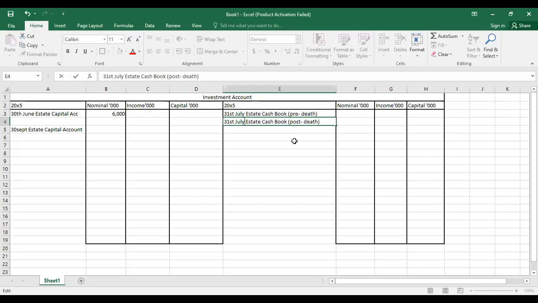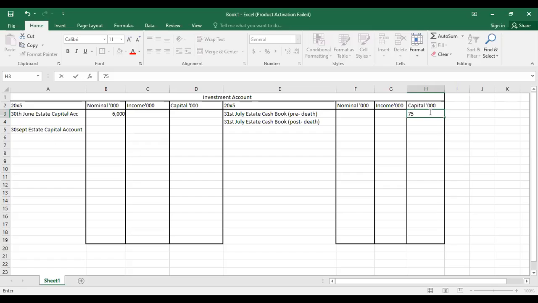But we can see the deceased died on 30th June, so we cannot subject the month of July to this person. So we prorate it. We do 5/6 multiplied by 90,000 to get the pre-death interest. That will be recorded on the capital column. 5/6 of 90,000 is 75,000. So that is our pre-death accrued interest.